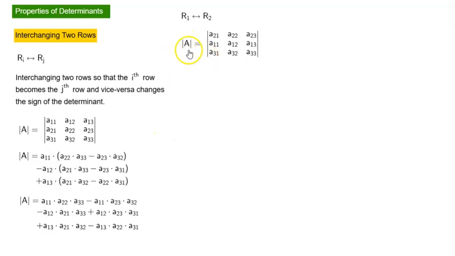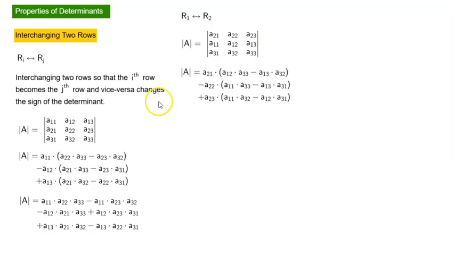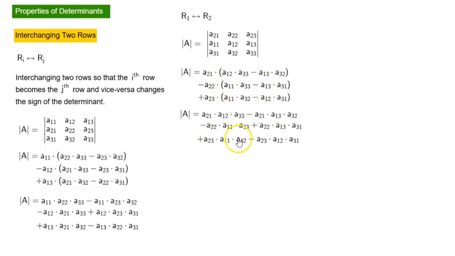So when we do that, what happens? After interchanging, the determinant of A becomes the determinant with the second row becoming the first row and the first row becoming the second. So we have A21, A22, A23, A11, A12, A13, A31, A32, A33. Now let's evaluate the determinant of this. Following the same logic, we evaluate, and opening up the brackets, we get this.